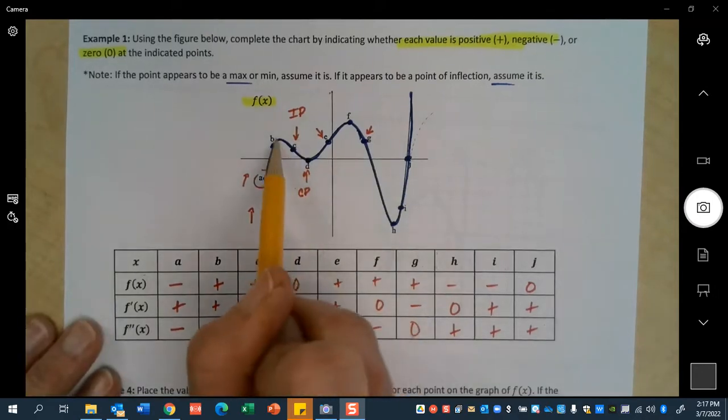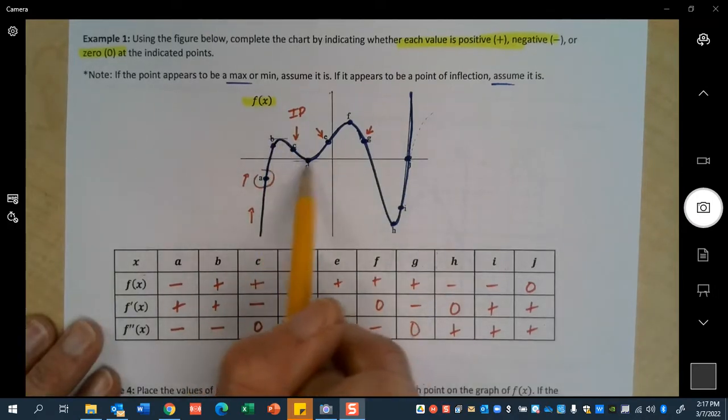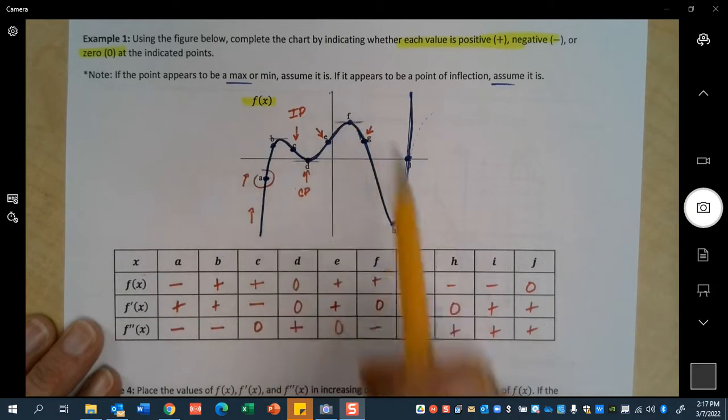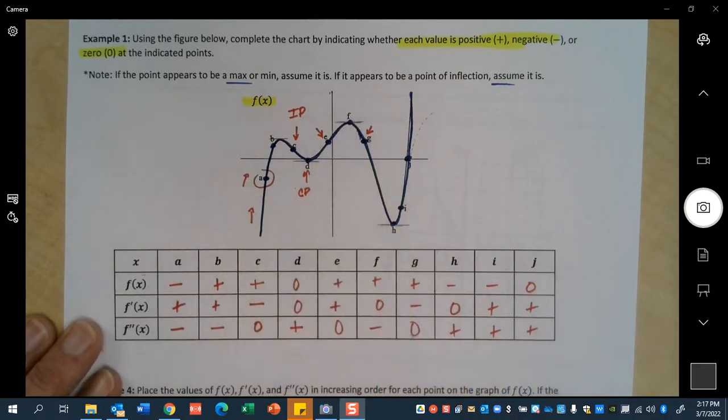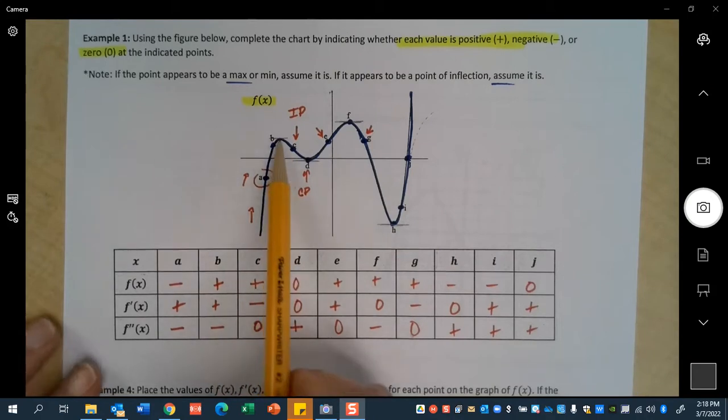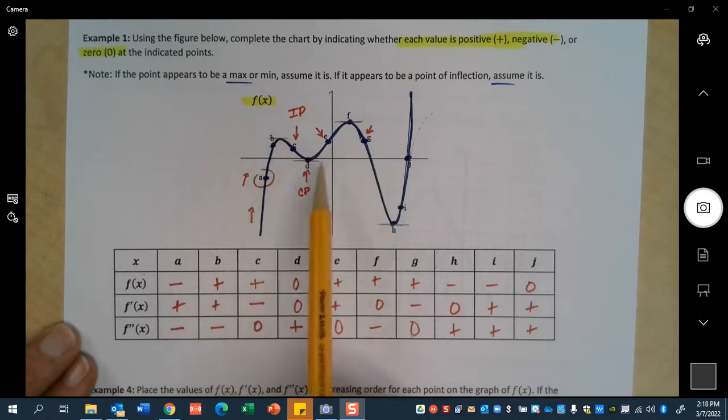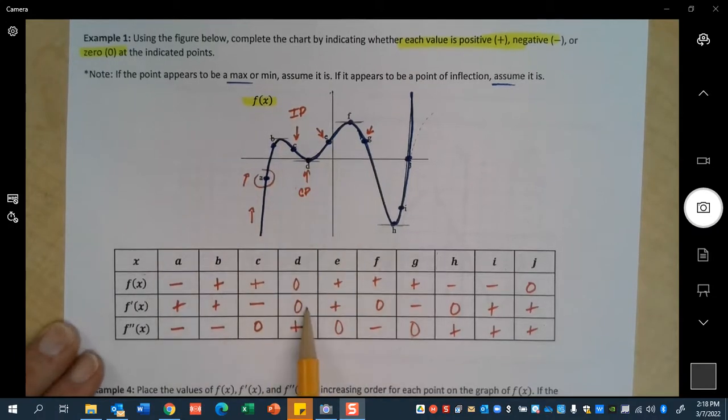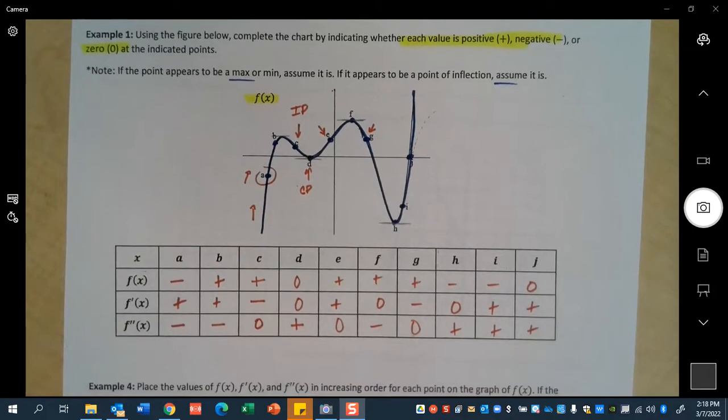Any place where the slope of my tangent line is 0, that is my local mins and maxes. So I have a horizontal tangent line between B and C. I have a horizontal tangent line at D. I have it at F. I have it at H. And that is where I have those local mins and maxes.